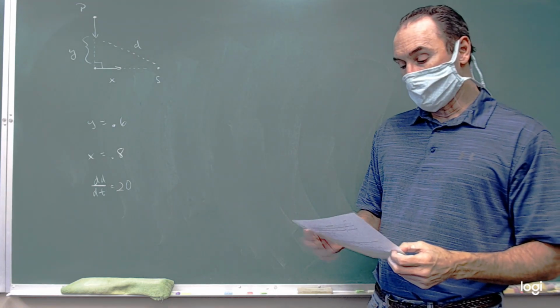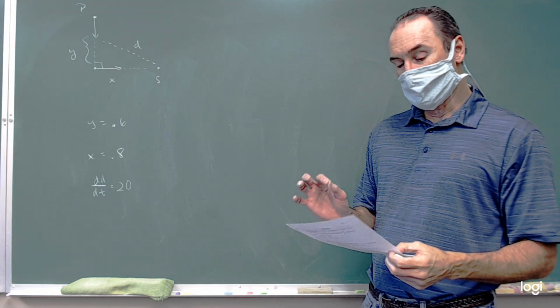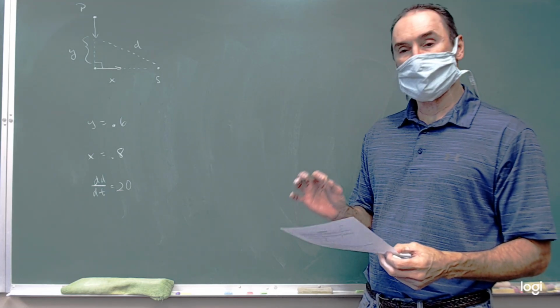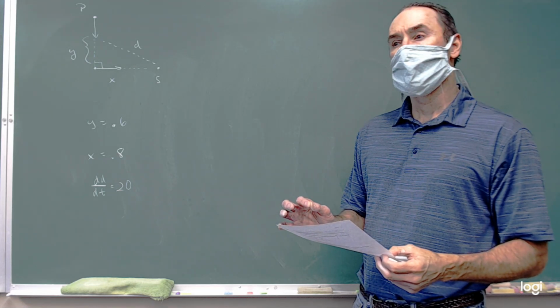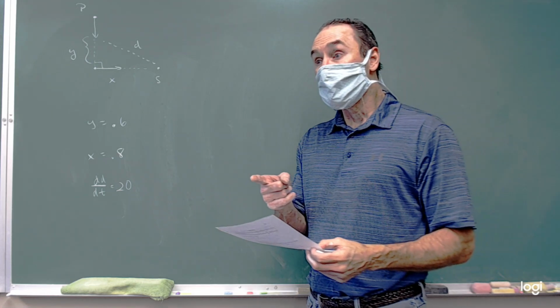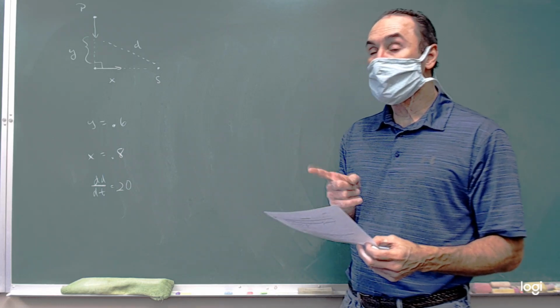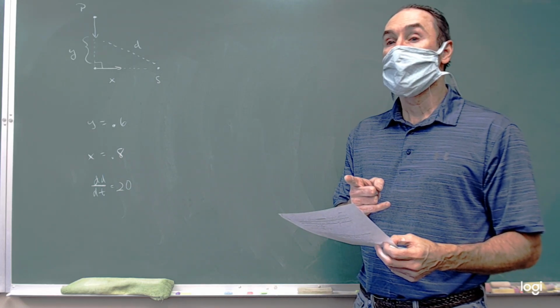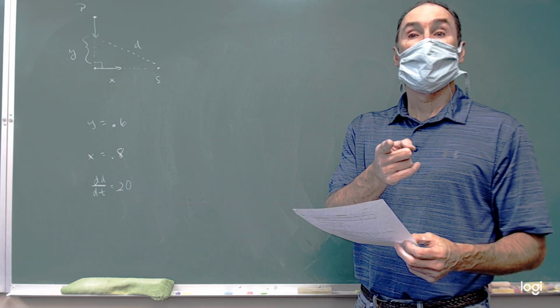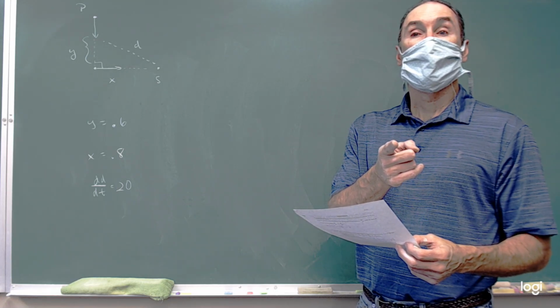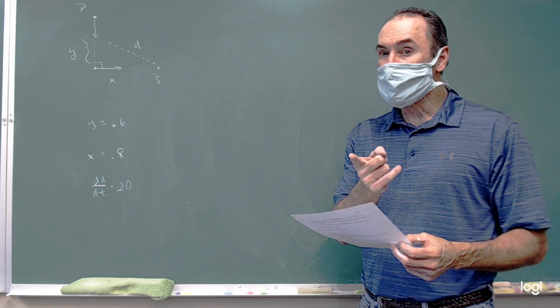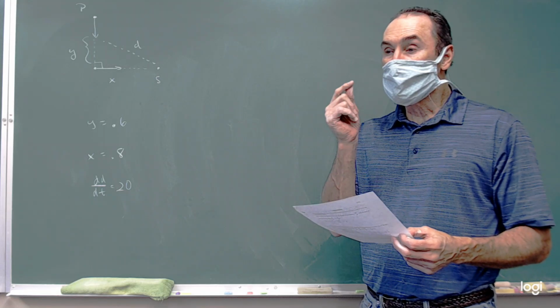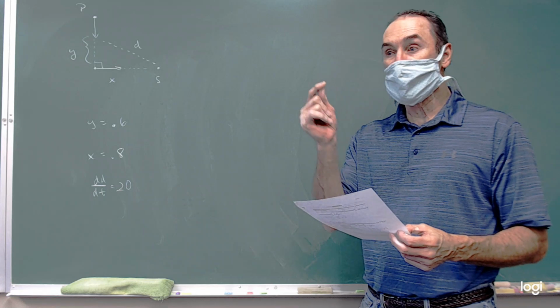Now here's where you have to be a little careful. The cruiser is moving at 60 miles per hour. What is that telling us? It's not a point. It's miles per hour, which is a rate of change.